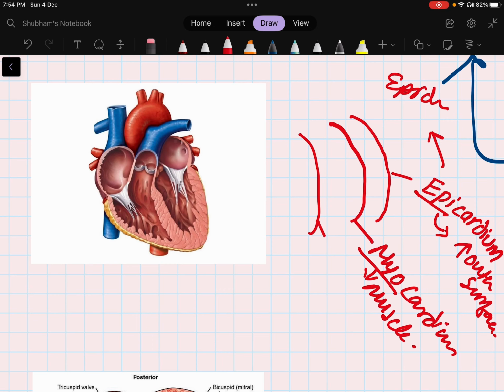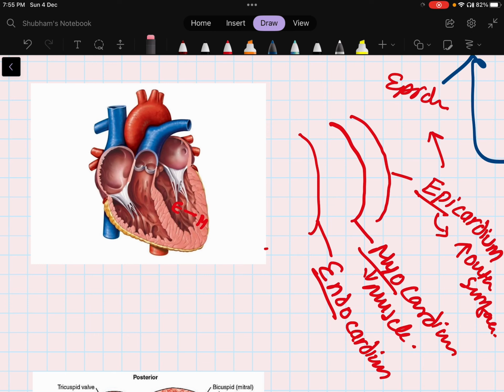And then inside we will have the endocardium. Endo means inside, the innermost layer, like how we say endoscopy. So this is the endocardium, this is the myocardium, and this is the epicardium.